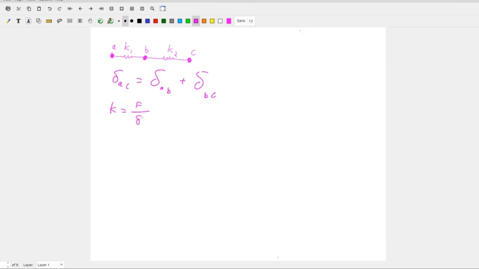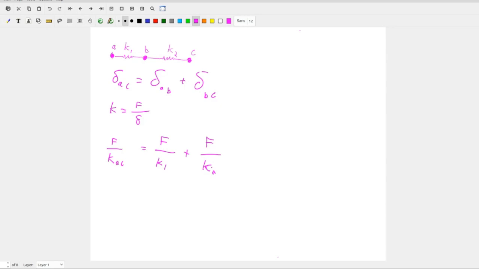So I can substitute this equation in, and now I get my deflection in terms of K and F. So my force over K_AC is equal to my force over K1 plus my force over K2. See how we're substituting this equation into our deflections.